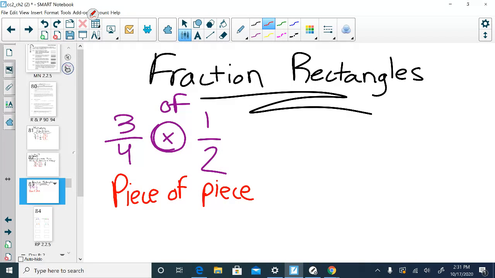So obviously if you take a piece of a piece, it's going to be even smaller than those two pieces. Let's start off with our first piece. We have 1/2. Think about if your friend gives you half of his candy bar.